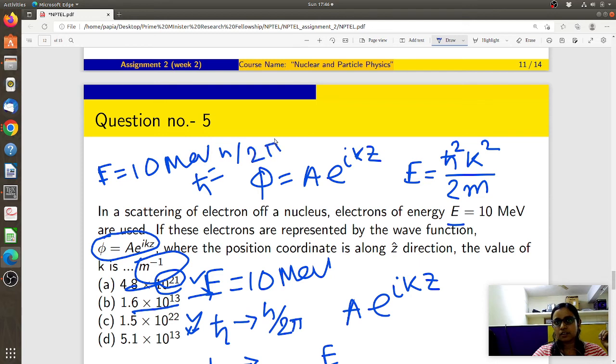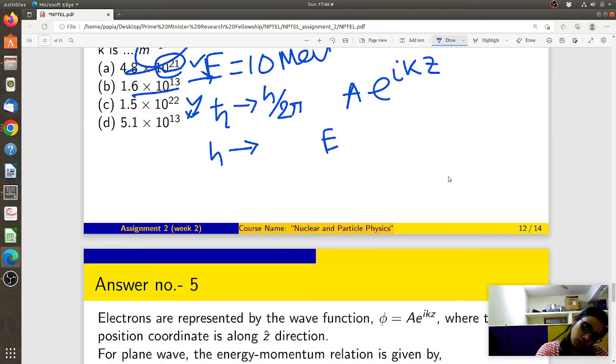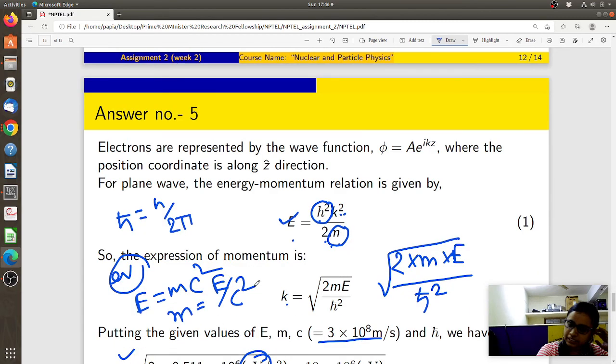Just putting the values of h bar, m and E, we can know the value of k here. So just putting the values of all the things, what is E, what is h bar, what is m, we can have the value of k, which is known as the momentum of that particle.